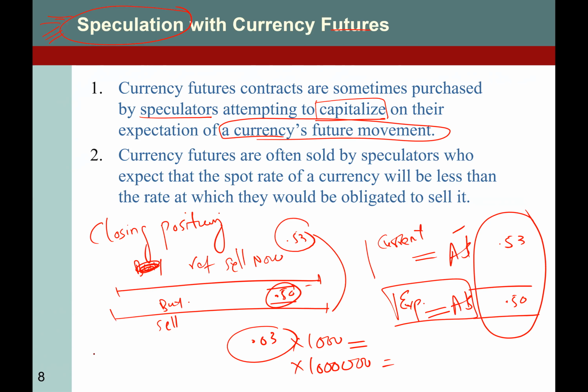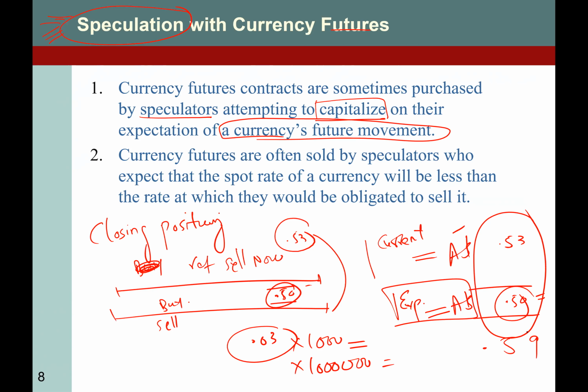And what if your expectations regarding the future are not good? If in the market it is 0.59, and you already entered into this contract, and you say that I'm going to be buying from you... okay, we'll talk about that later.